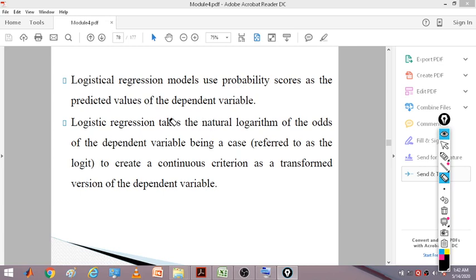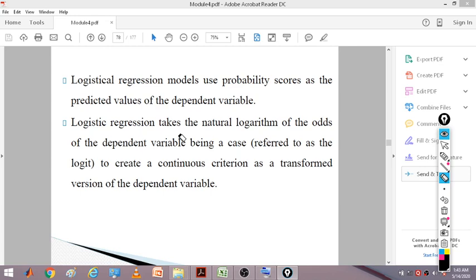Remember, we are going to transform the dependent variable, that is the target variable, from categorical to continuous. We want y, the target variable, to be continuous in nature, so if it is categorical, we can transform it into a continuous criterion.